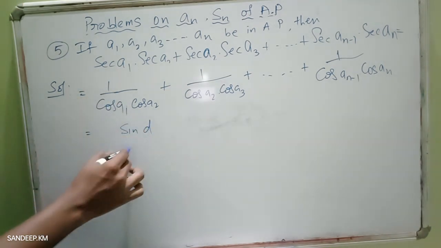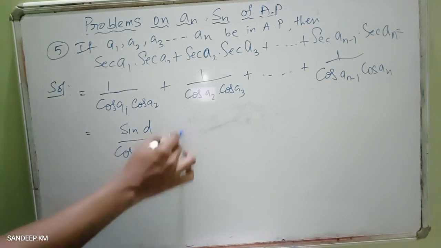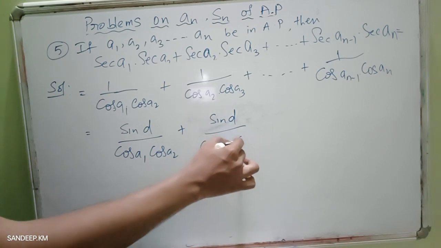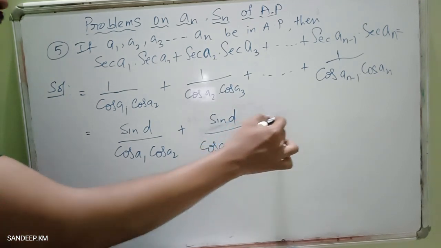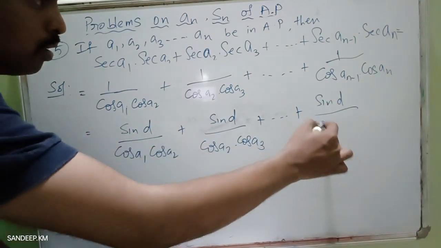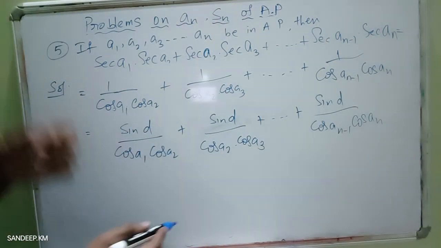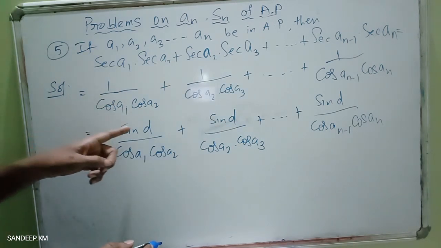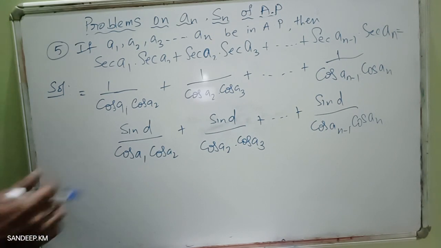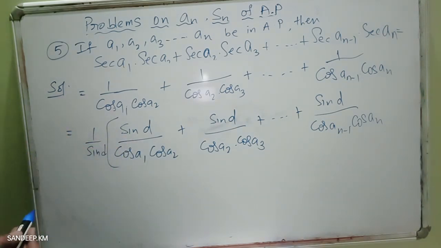So sin d by cos a1 cos a2 plus sin d by cos a2 cos a3 plus and so on plus sin d by cos an minus 1 into cos an. If I multiply with sin d in numerator, I am also supposed to multiply the denominator. Do not forget this. So 1 by sin d will be taken outside.